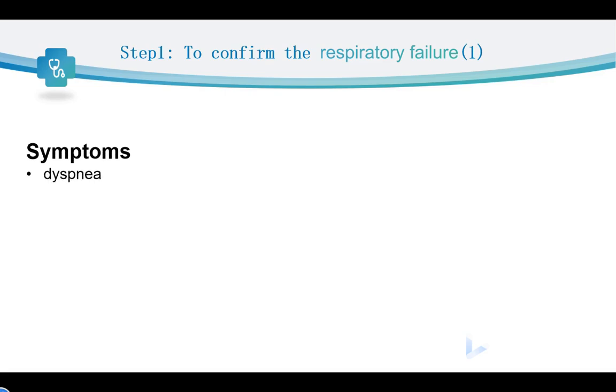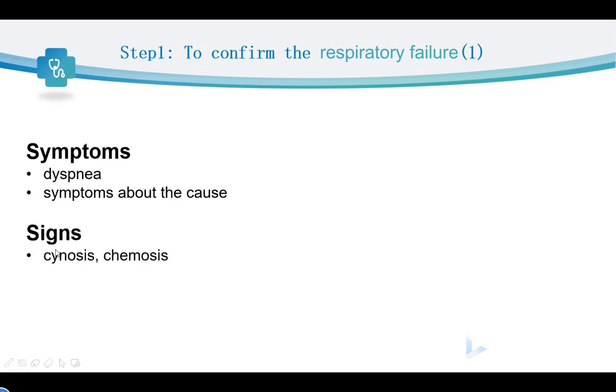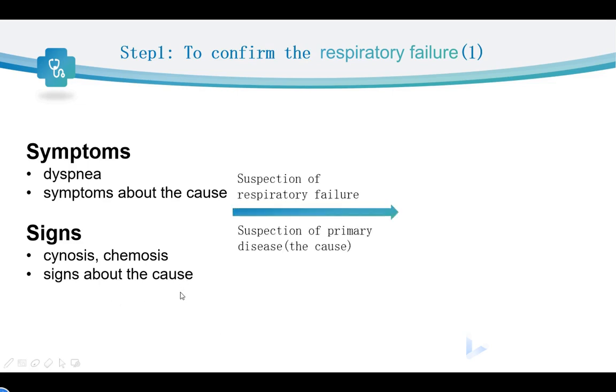If the patient has a symptom of dyspnea and the symptoms about other causes, during the signs, maybe we can find the cyanosis shows a hypoxia, and sometimes we can find the chemosis, which is caused by the retention of the carbon dioxide, and other signs about the cause. We can suspect a respiratory failure and the suspicion of the primary disease.